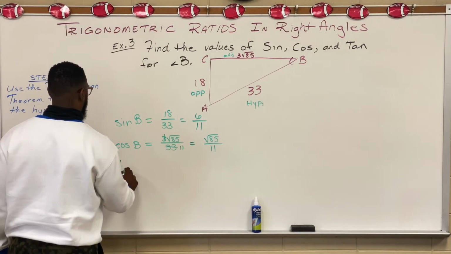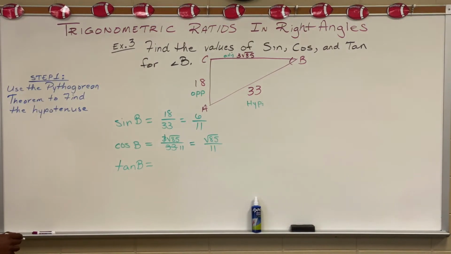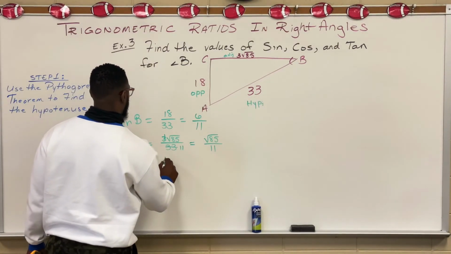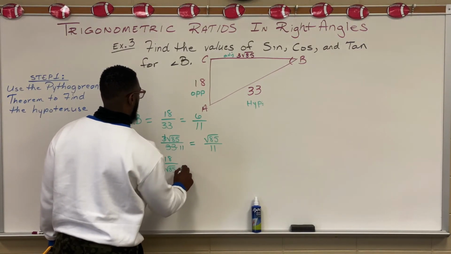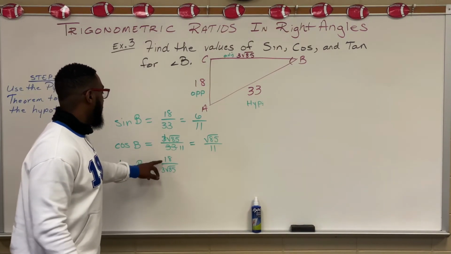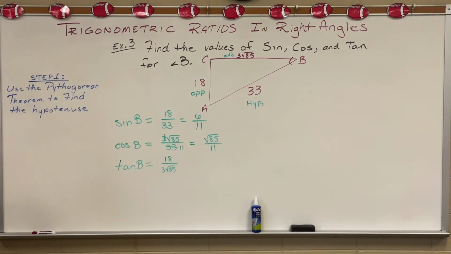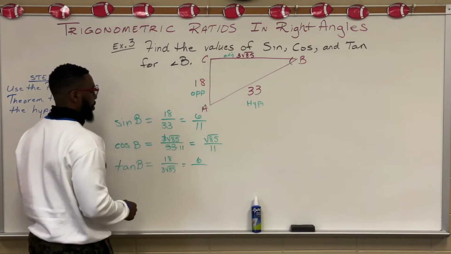Then we have tan. Tan of B is opposite over adjacent. So 18 over 3 square root of 85. There's a rule we use when we're dealing with radicals in the denominator. First thing we have to do is reduce that. 3 goes into 18, 6. 3 goes into 3, 1.